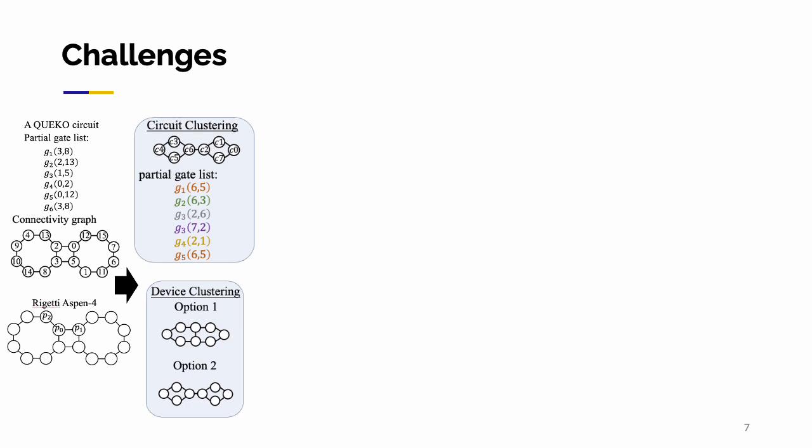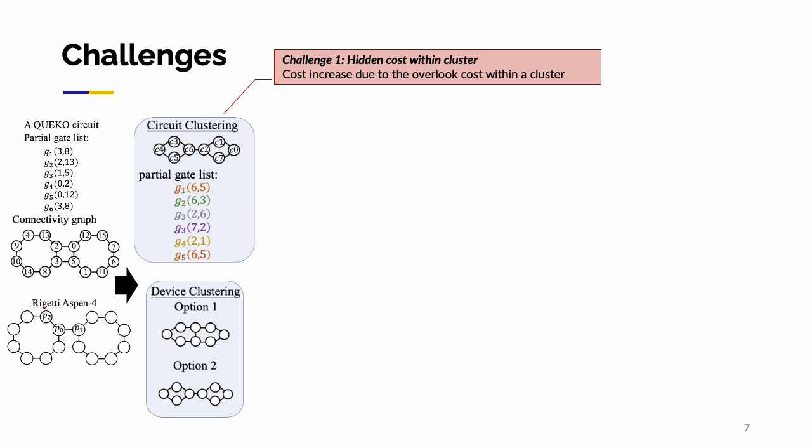The first challenge here is that how do we decide the size of a cluster? What happens if we have a cluster larger than 2? The issue is there will be some hidden cost within a cluster because when we cluster program qubit together, the gates acting on the qubit within a cluster, we cannot observe that at a coarser level.